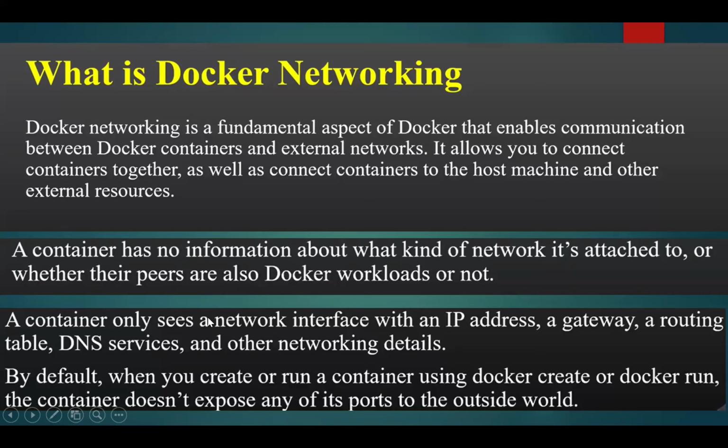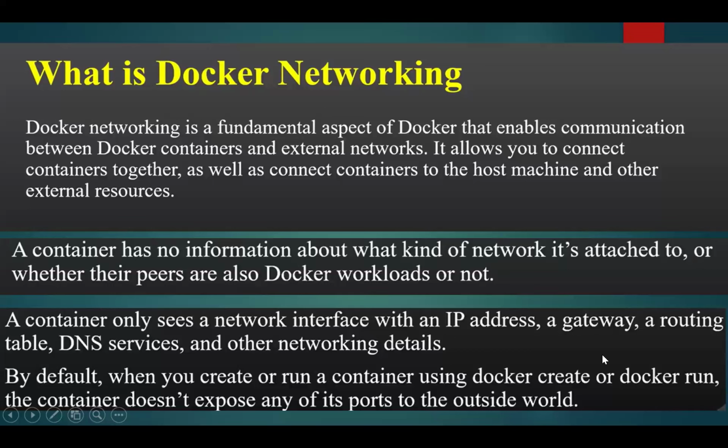A container only sees a network interface with IP addresses. If the IP addresses are interlinked, one to another, then only the gateway, routing, DNS server and the other networking details come in. So once you establish a network between two containers, all these things get allocated to your containers so that they can talk with each other.